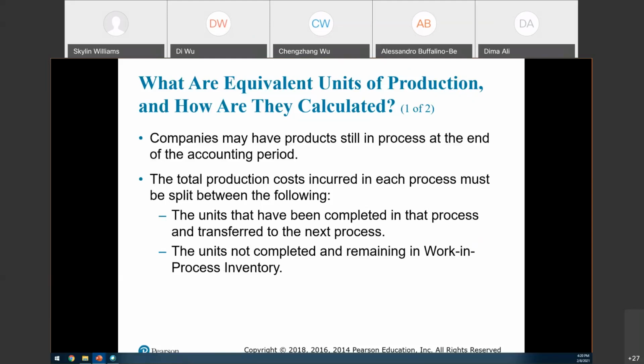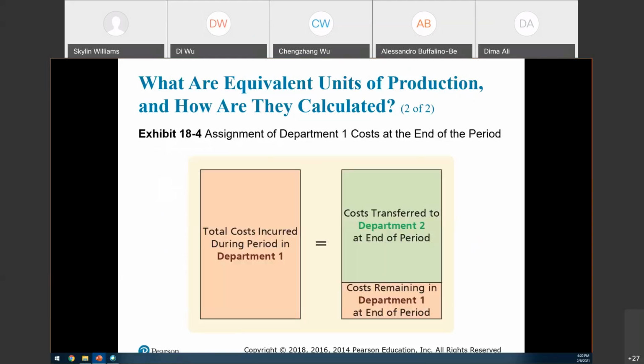First, the units that have been completed in that process. And second, the units not completed and remaining in working process inventory for that department.